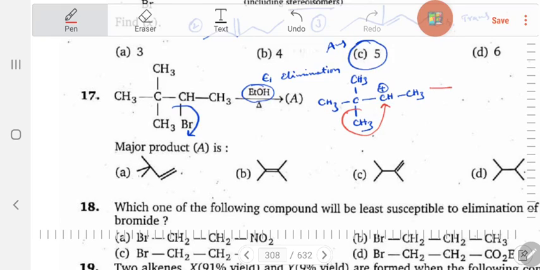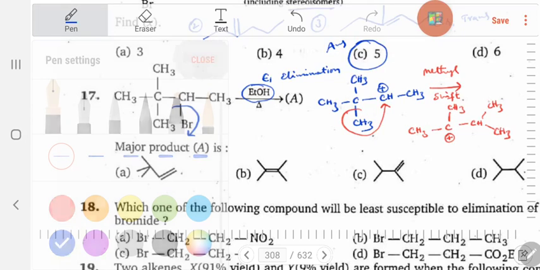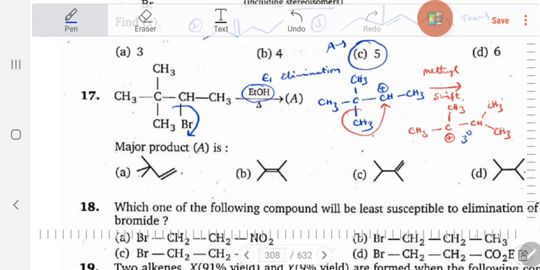So due to the methyl shift, you will get a tertiary carbocation. So the obtained carbocation will be CH3, you will get the positive charge now here. This is the CH3, and over this CH you have CH3 here, CH3 here, right? So you will get a tertiary carbocation which is more stable.